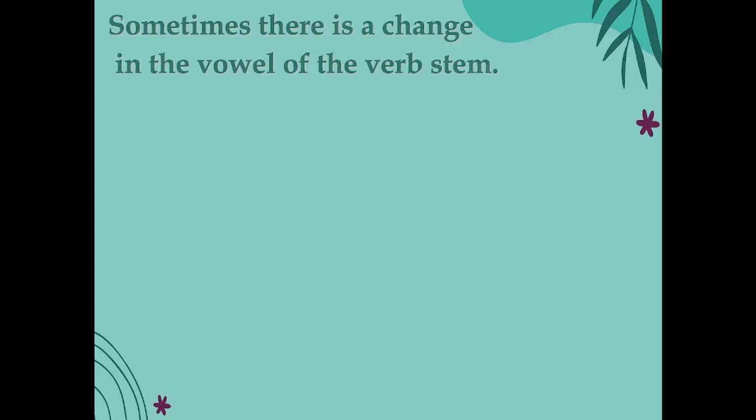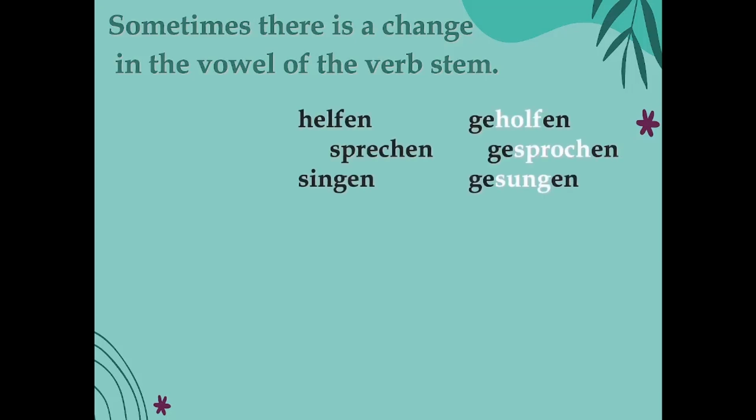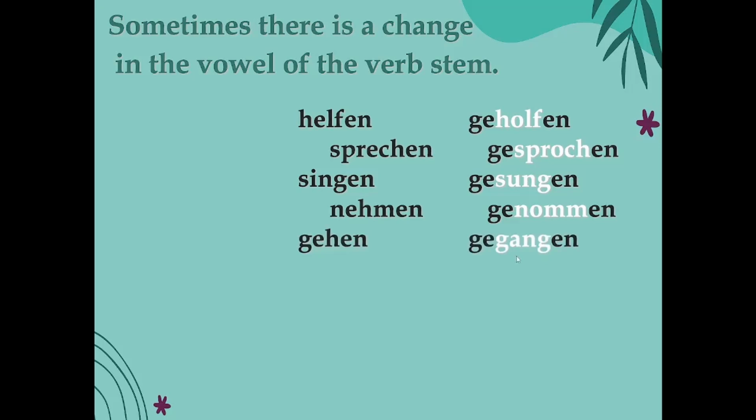Sometimes there is a change in the vowel of the verb stem itself. Previously we have seen examples where a prefix and suffix are added, but there are times where the root or the stem of the verb itself will change, especially if it has a vowel. Say for example, helfen, to help, the vowel e is getting changed to o.